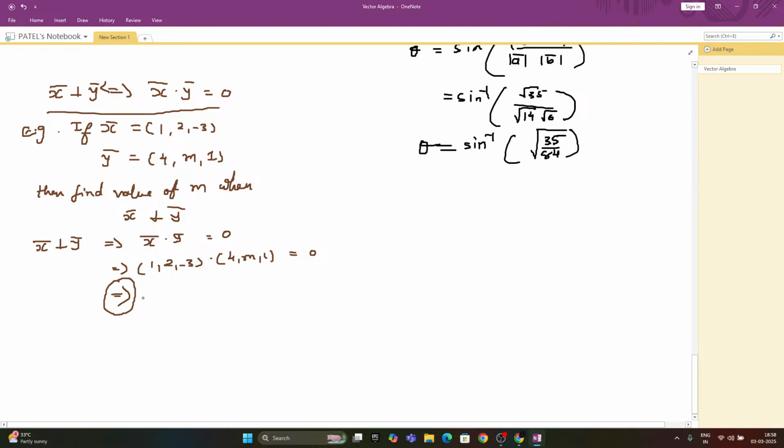I'm showing the arrow sign. Okay. Don't use double equal. 4 ones are 4 plus 2 into m, it is 2m minus 3 into 1, it is minus 3 equals 0. So 4 minus 3, it is 1 equals 0. So 2m equals minus 1, m equals minus 1 by 2. This is the value of m.